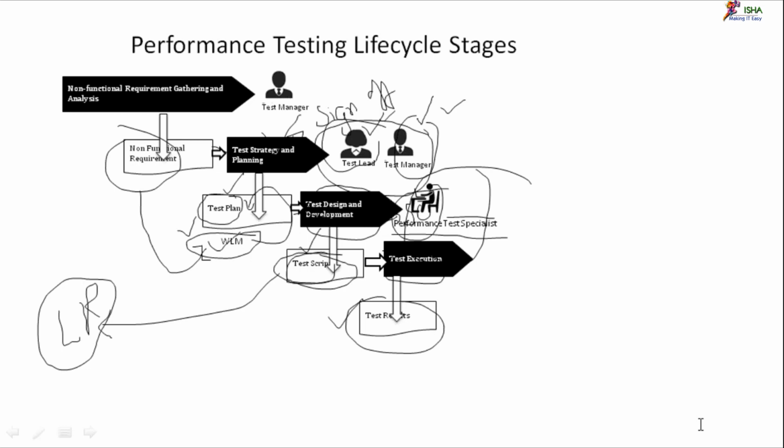Response times for not one transaction, but for all the transactions: login transaction, send mail transaction, delete mail transaction, log off transaction, all of them. That is the first thing you look at in the results. How has my application performed? In other words, end-to-end transaction response times is what I mean.